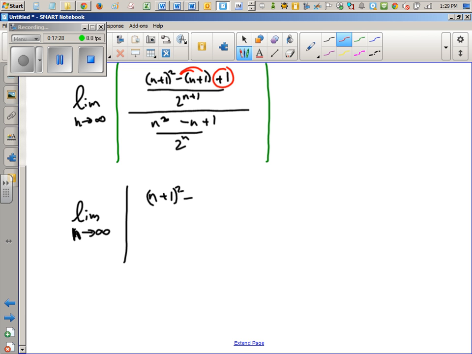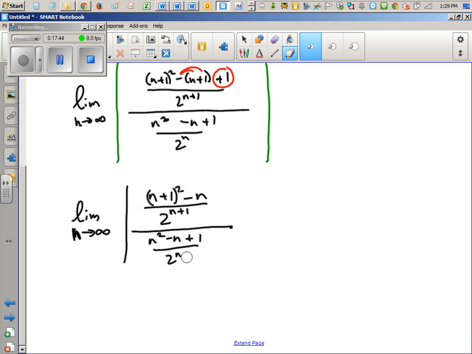So basically this is just minus n. All I did on that step was cancel the minus 1. This is a 2 to the n on the bottom. Then we have the whole inner-over-outer rule where the inner is the denominator and the outer is the numerator. So let's put that into effect.